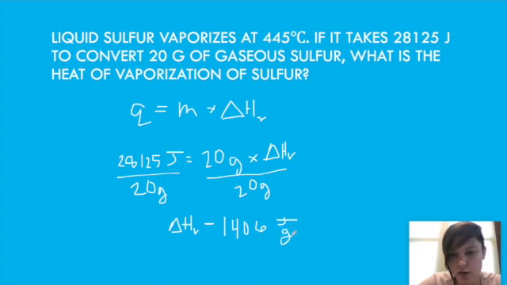Your calculator will tell you 1406.25, and I'm just rounding it to 1,406. That's how we find our delta H of vaporization using our mass and our heat energy.